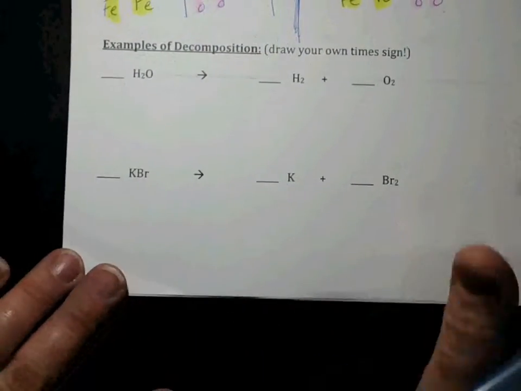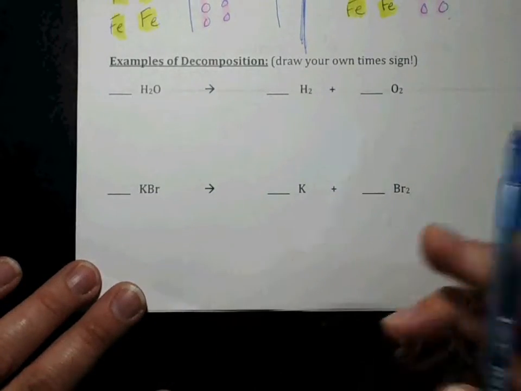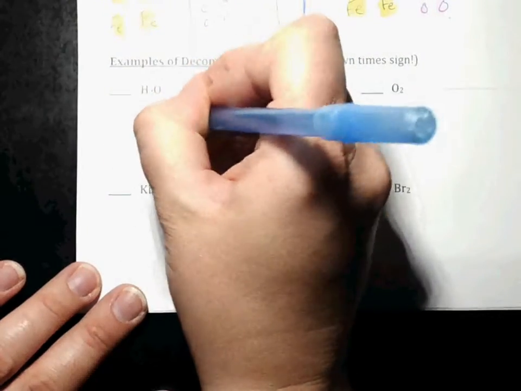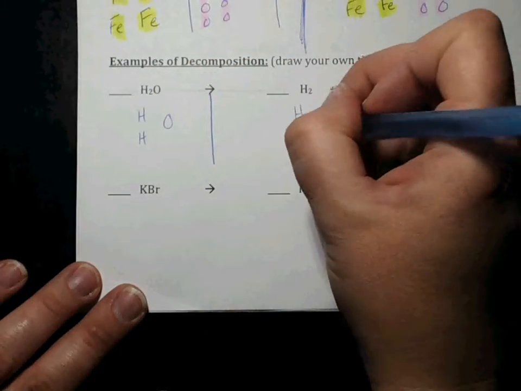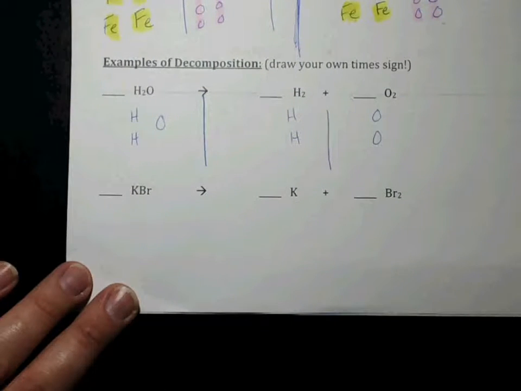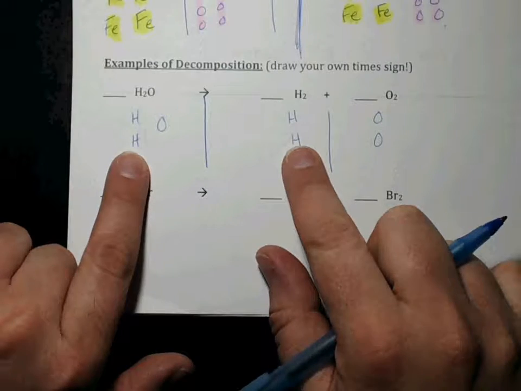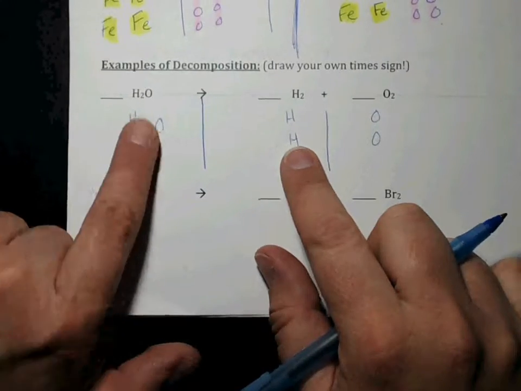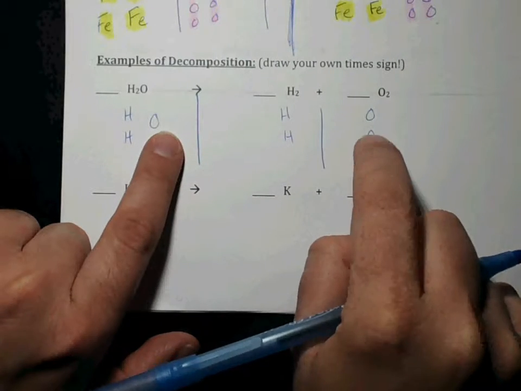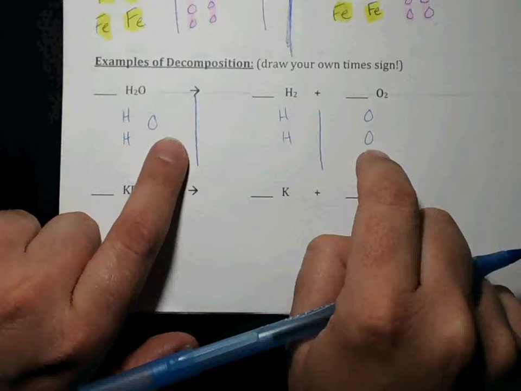Let's try another problem. For H2O, H2, and O2 here, I've got 2 H's and 1 O. I have 2 H's here. I have 2 O's here. I can see right now that my H's are already equal to each other, which is great. I have 2 H's and 2 H's, but my O's are not. There's 2 O's on the product side, there's 1 O on the reactant side.